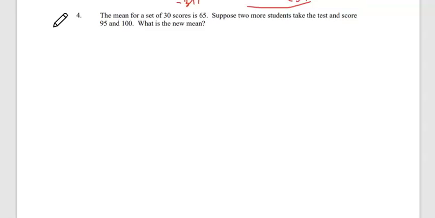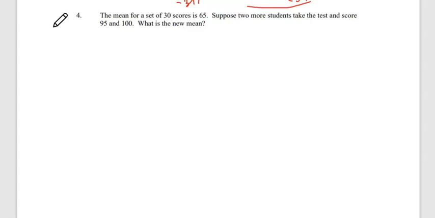When we have 2 additional students, making 32 students who now take the test, and they score a 95 and 100. So when you're thinking about this, an average of 30 students scored 65. And so 30 scores were added together, they were divided by 30, and the average equaled 65.